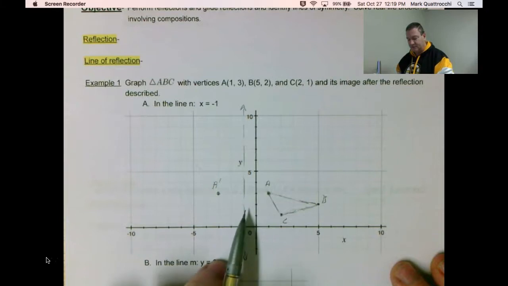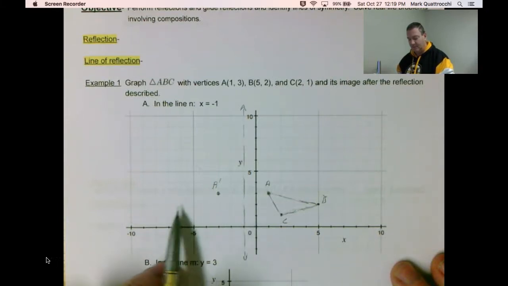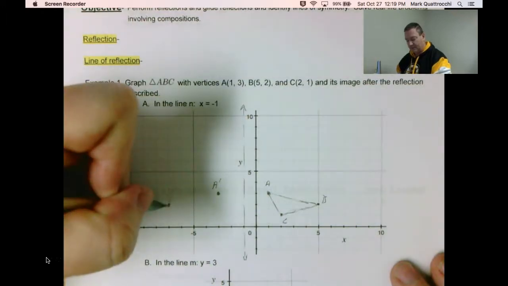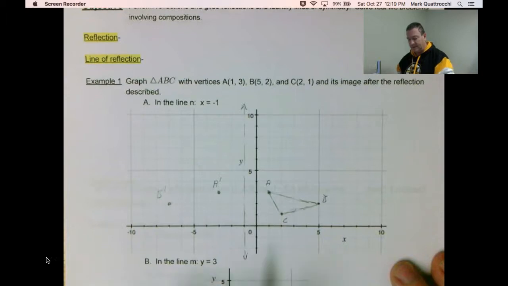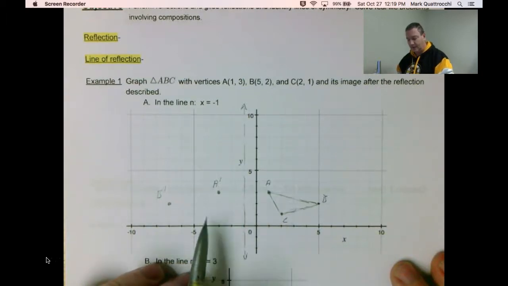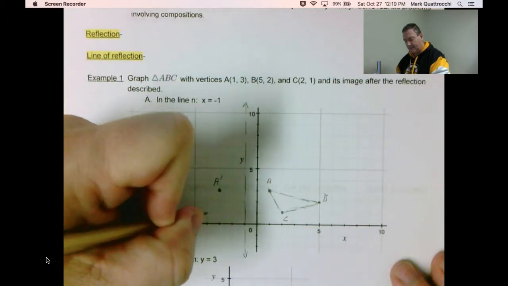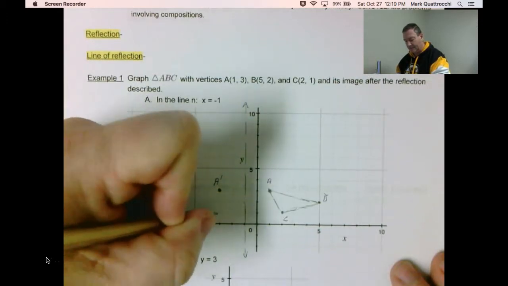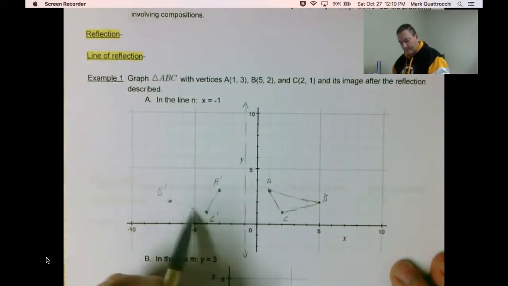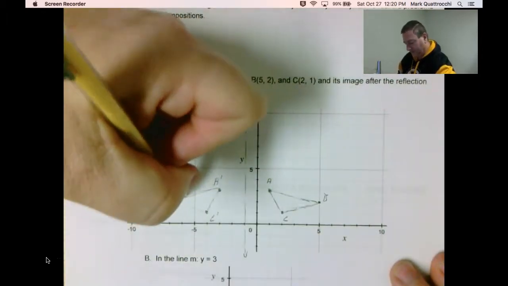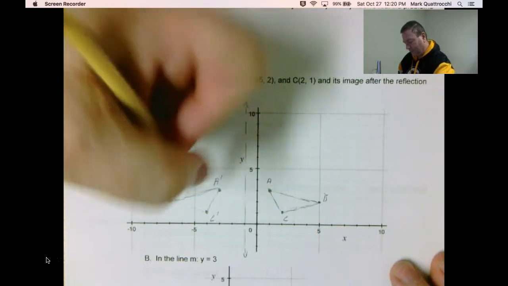B is 6 units away, B prime is 1, 2, 3, 4, 5, 6 units away. C is 3 units away, 1, 2, 3 units away. There's C prime. And there's the triangle A prime, B prime, C prime.